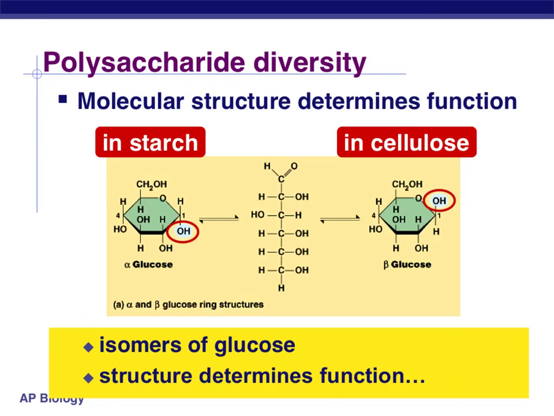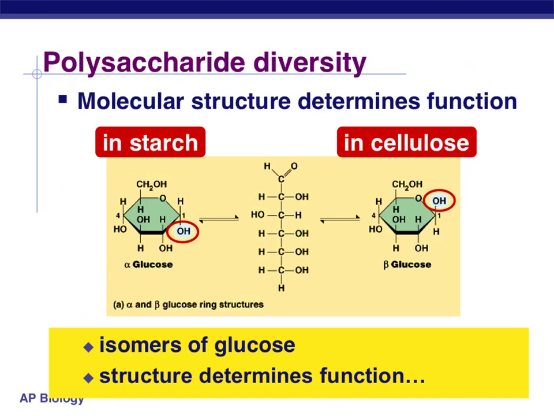Now, when you first look at glucose molecules in animals versus glucose molecules in plants, or even glucose molecules in starch versus glucose molecules in sugar, they look the exact same. But on the molecular level, on the structural level, there is a very big difference.